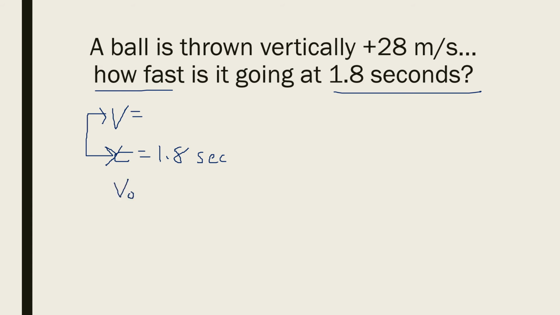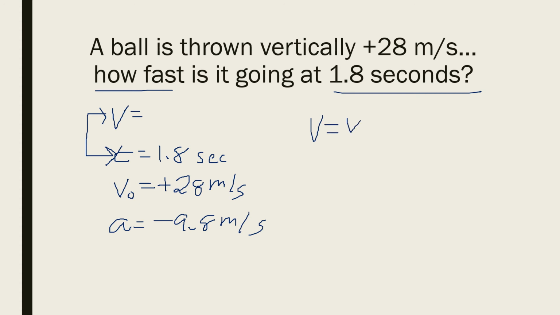We always know that our v0 never changes. I'm keeping it the same for simplicity. And then the a is negative 9.8. We can just plug it right into this equation and keep it moving.